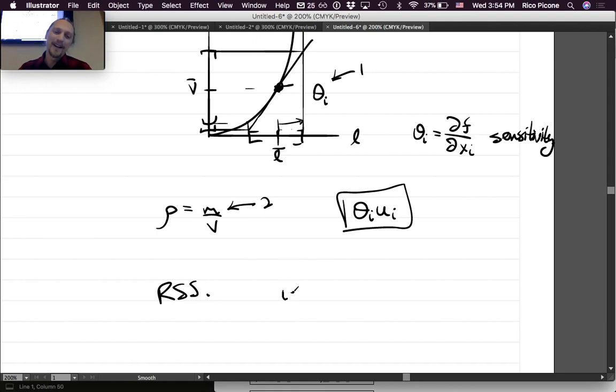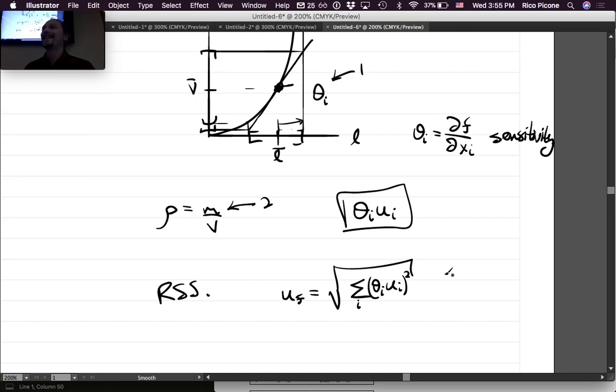So if you want to know the uncertainty in your function, all you have to do is take the square root of the sum of all of them: differentiate with respect to each variable, multiply that by the uncertainty of each variable, square each one, and add them up. And you have yourselves an estimate. Oh yeah, you should square that. Thank you. That part's kind of important.